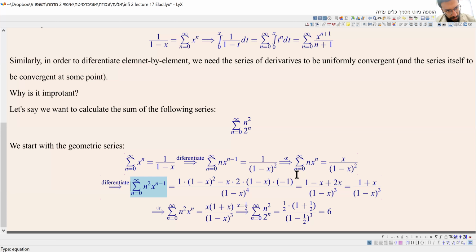So I want to answer this question right now, generally. Talking about every power series, what can we say about its uniform convergence itself for integration element by element, and about the uniform convergence of the series of the derivative?